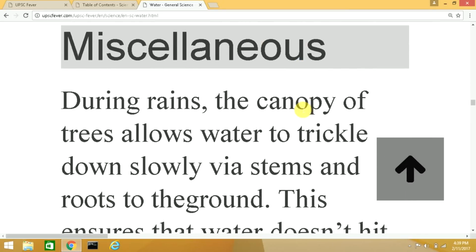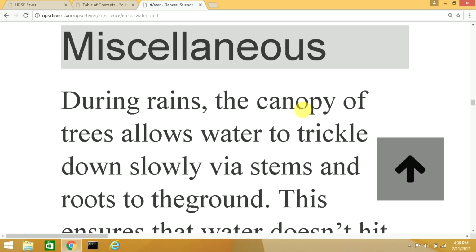So, some miscellaneous facts are given about water. First is that when rainfall occurs, it is highly disadvantageous to the soil because the top layer of the soil contains organic matter and humus, and this gets washed away by the rainfall.